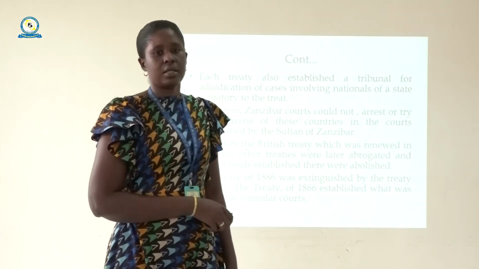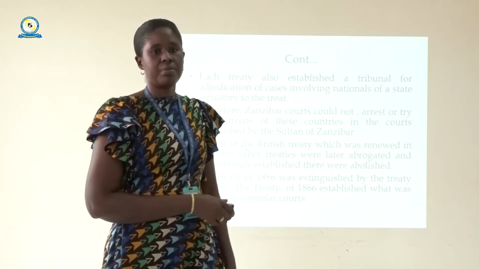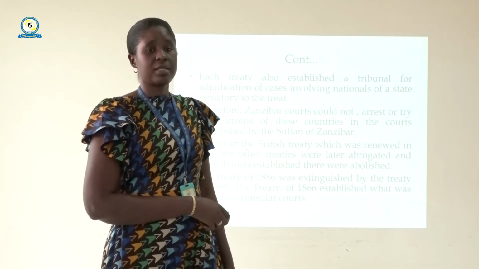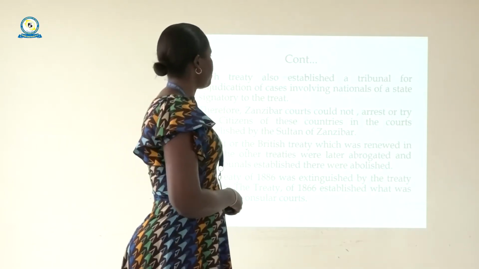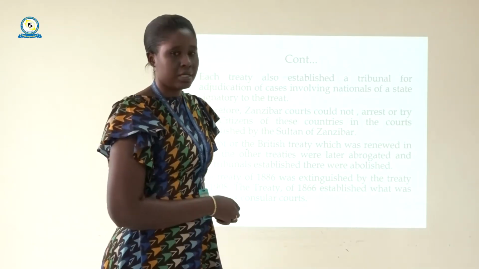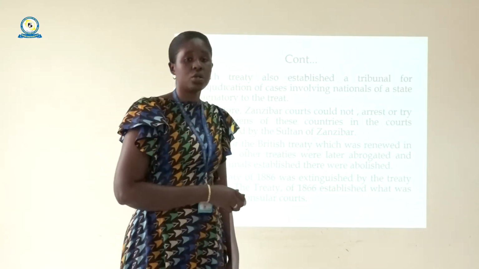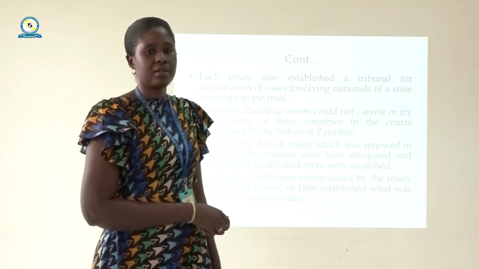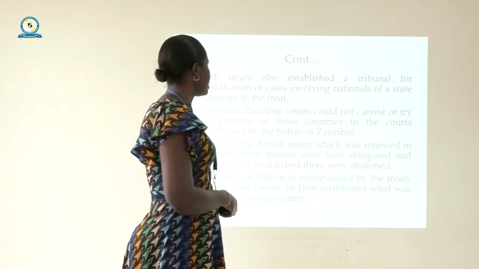Each treaty at that particular point established a tribunal for adjudication of cases involving nationals of the states which were part of that particular treaty. This being the case, Zanzibar courts could not arrest or try the citizens of these countries in the court established by the Sultan of Zanzibar.